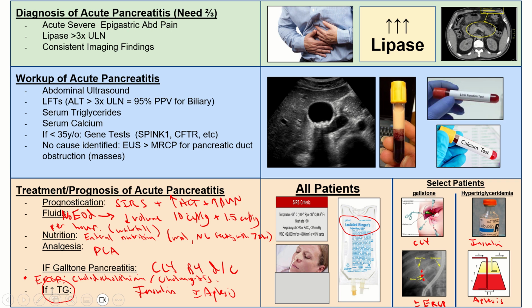If they have an indication for a statin, you would do that. If not, you would end up giving these patients a fibrate. And you may need to add on a fibrate as well, just to get the triglycerides low enough so they don't have an increased risk of developing acute pancreatitis secondary to that. So that kind of goes into treatment and prognosis of acute pancreatitis. We'll review this a little bit at the end.